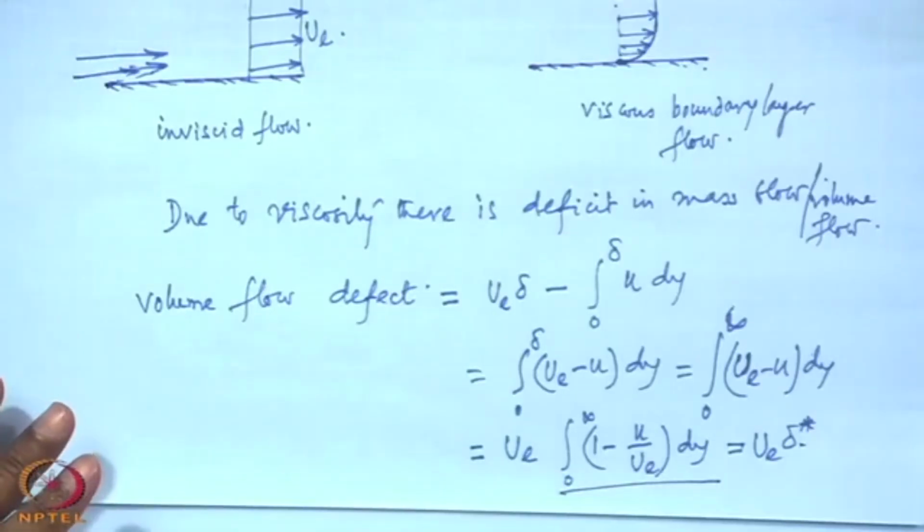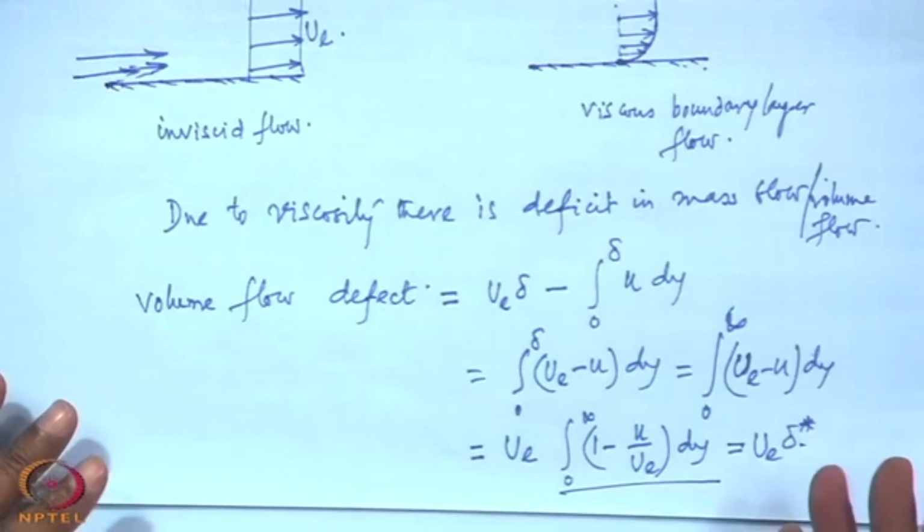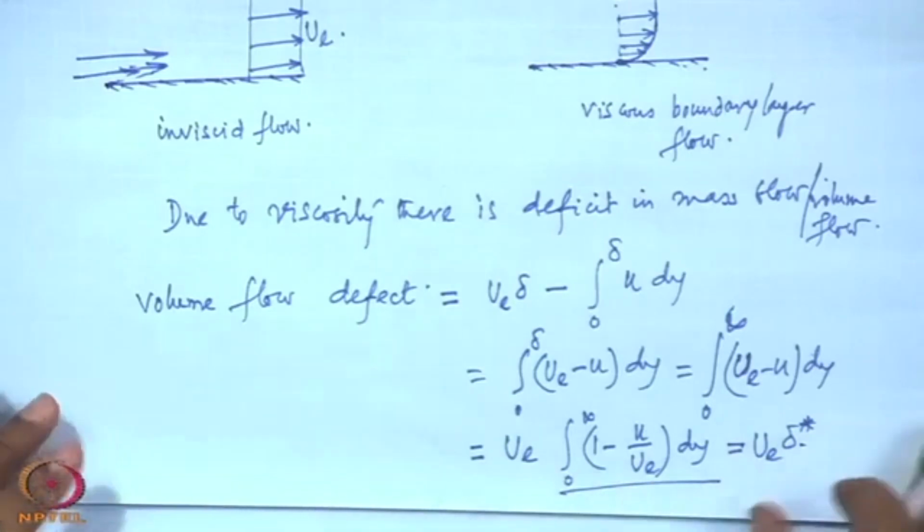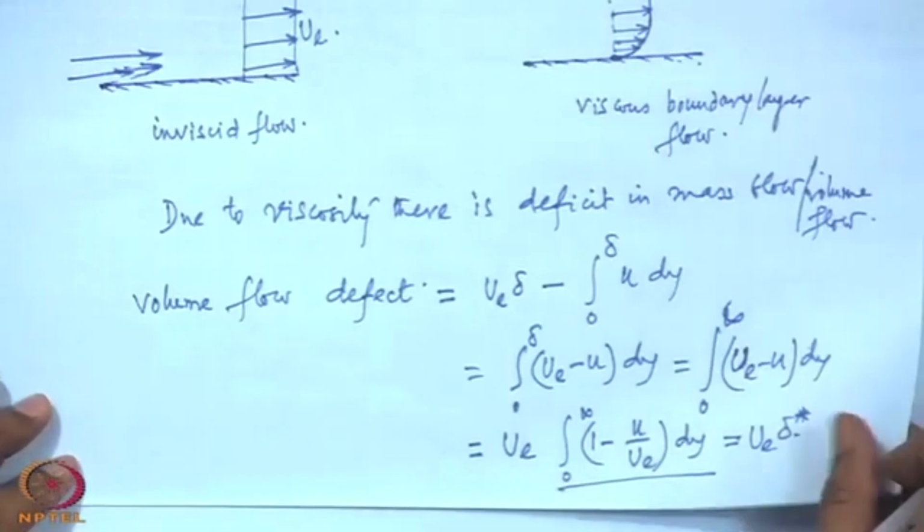And as you can see, it is a very easily measurable quantity. You will be measuring delta star in your experiments later.